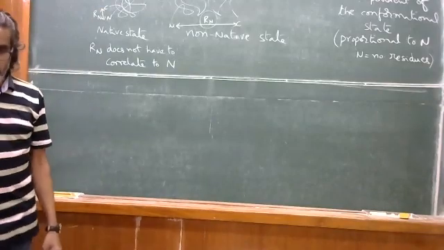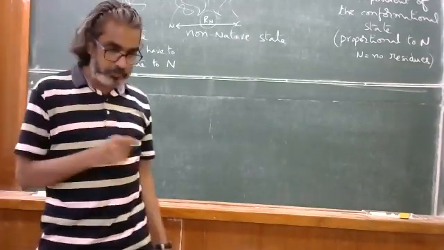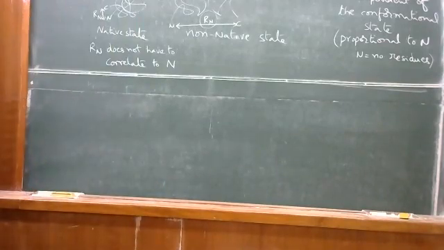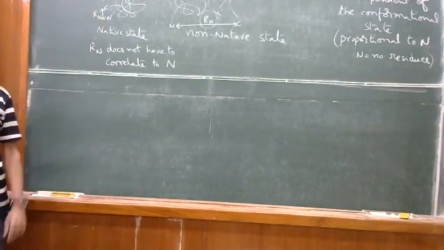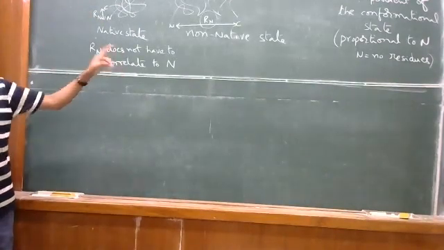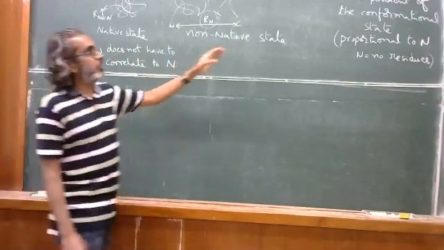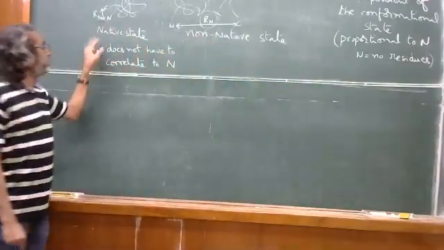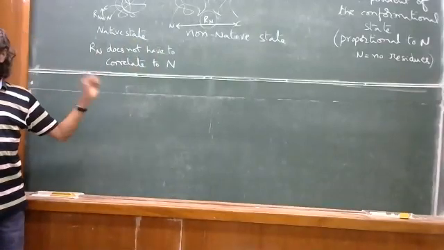That's what I told you: any technique or tool which directly probes the structure, in terms of the location of amino acids, will give you this. This is the contrasting feature between the contour length, which is proportional to N, and the native state, where Rn doesn't have to be correlated.